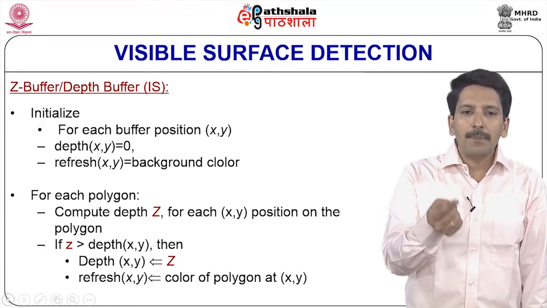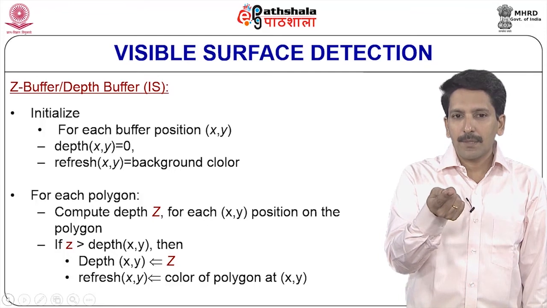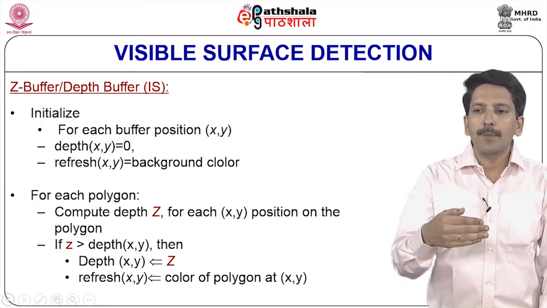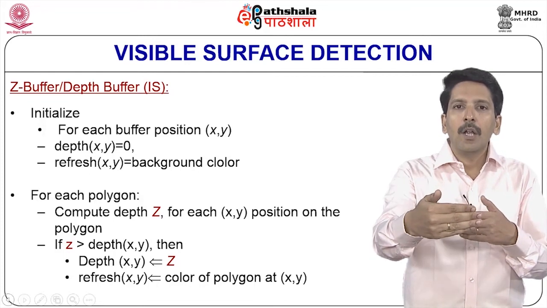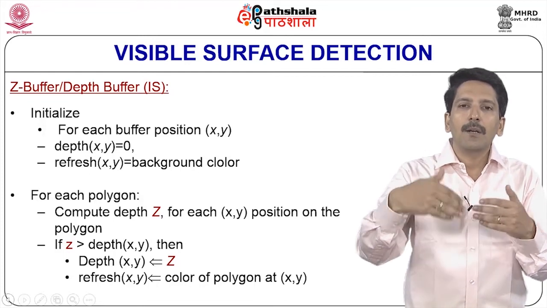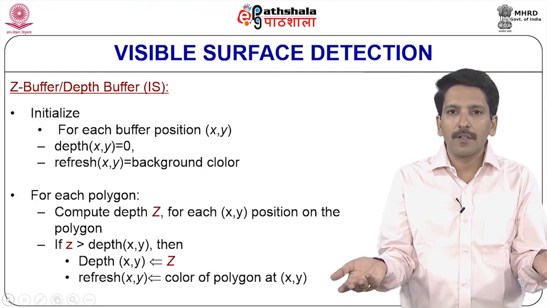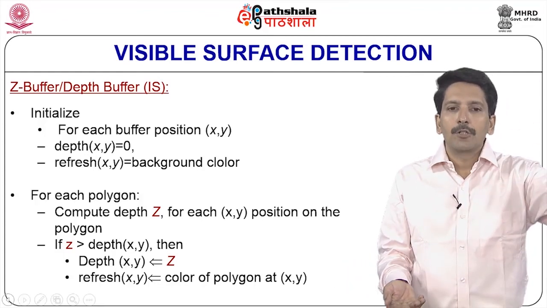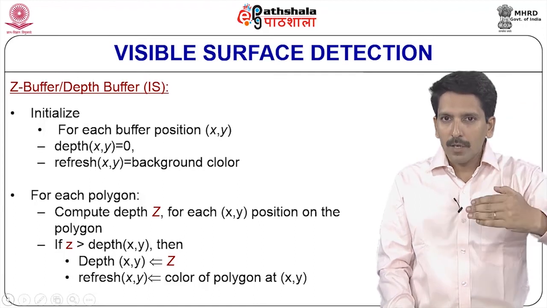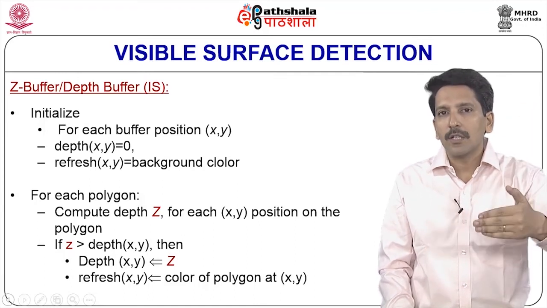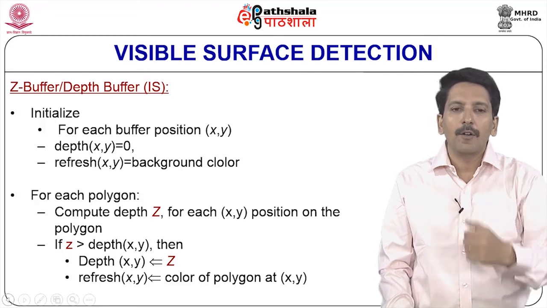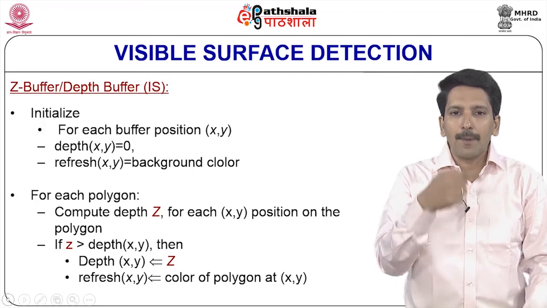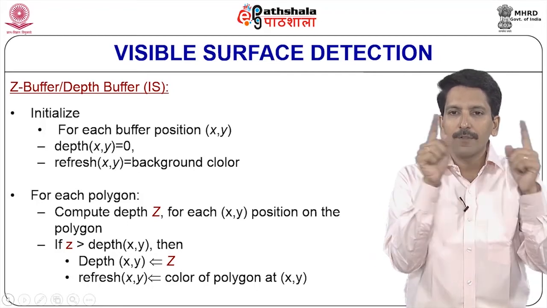If the depth is greater than the previous value, where the default depth is 0, then because we are in the negative z direction, the negative values that are larger are understood to be backward. They are not in the front, they are in the back. So, the smaller the magnitude, the closer is the object or the face.